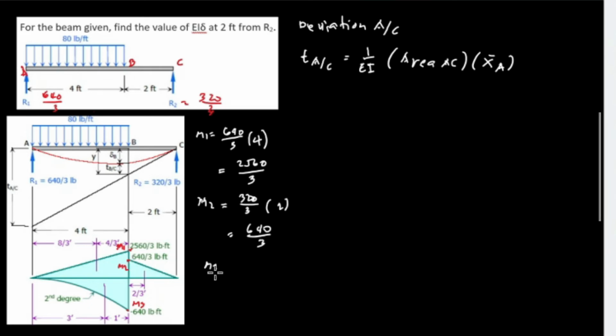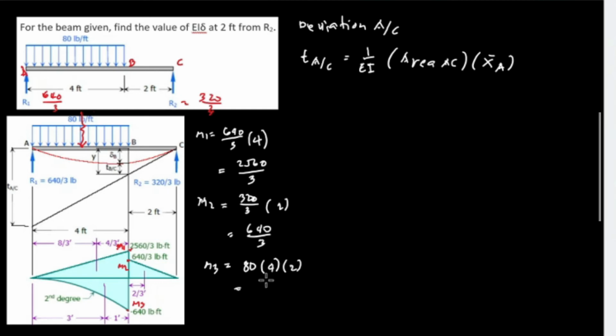And M3 is based on the second degree, the formula for the moment of the second degree, so that's the uniform load 80, multiplied by the length from A to B, that's 4, and the resultant, multiplied by half of the distance of the uniform load, that's 4 over 2, or 2.